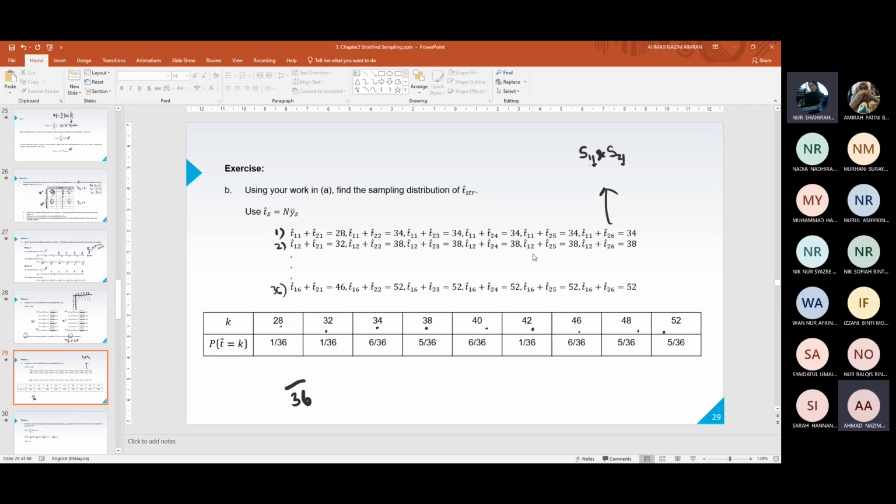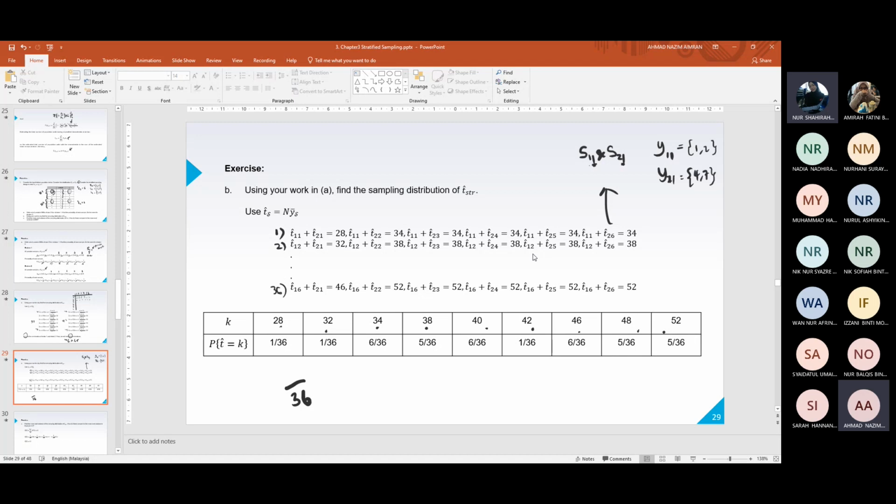The Y value for stratum 1, first possible sample is 1 and 2, and this one is 2, 1, is 4, 7.